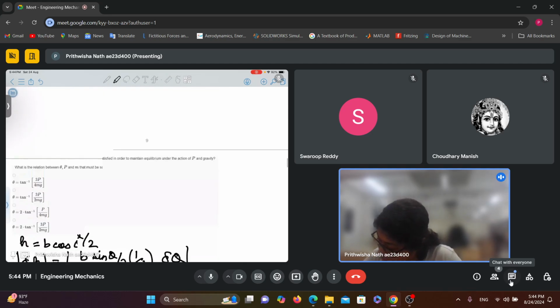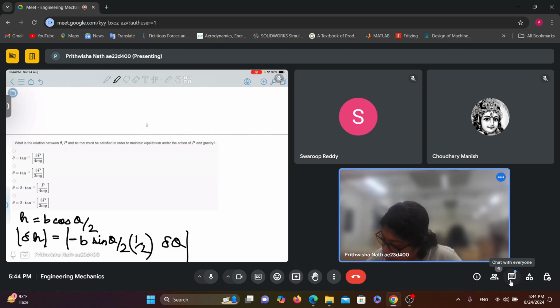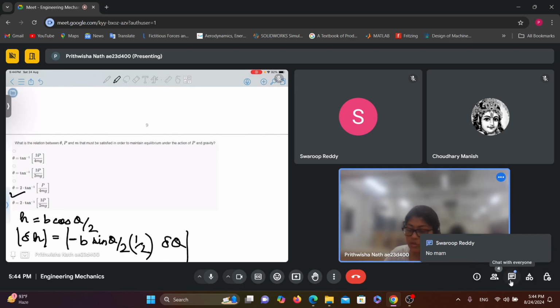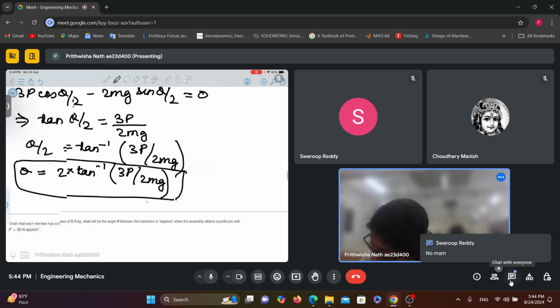So which option is correct? 3P by 2mg. Yeah. So the fourth option is correct. Is there any doubt regarding this problem? Okay. So the next part.